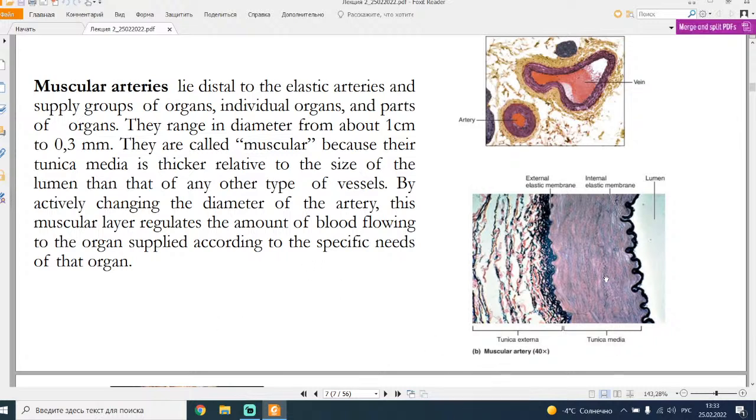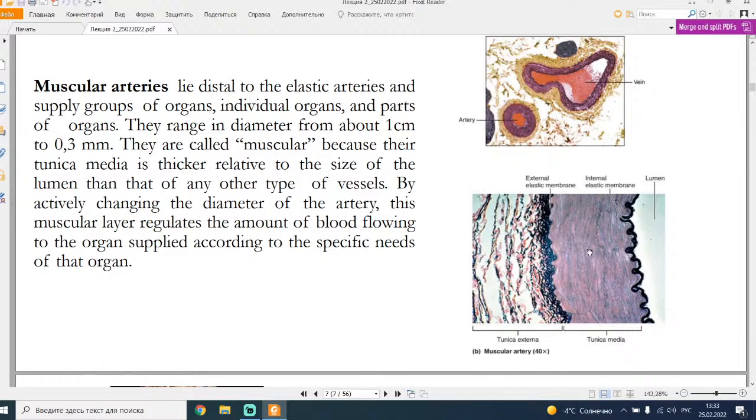They are called muscular because the tunica media is thick relative to the size of the lumen compared with any other type of vessel.